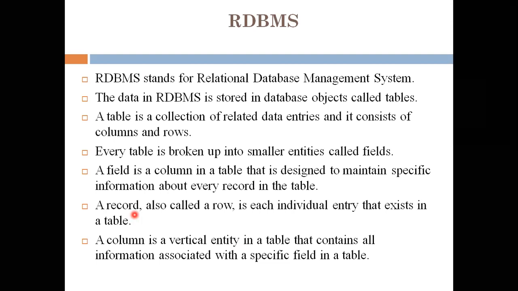And a record is a row, the value that you insert against this field, against this column name, is called a record. So a column is a vertical entity that contains the information associated with a specific field in a table.